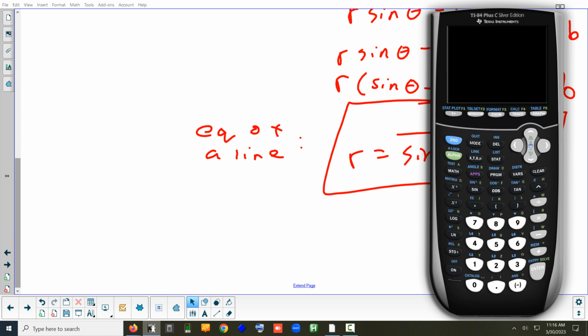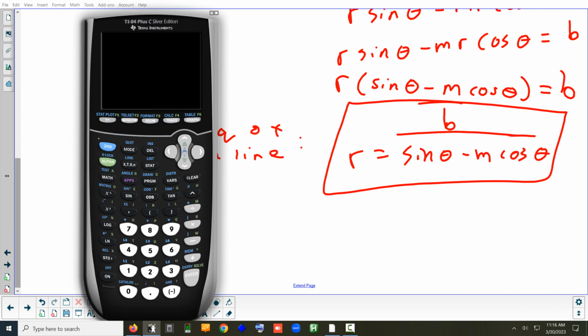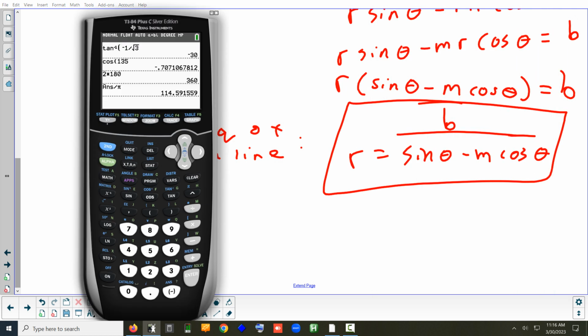Just fill them in for the m and the b. So if you want to draw a line that has a y-intercept of 4 and a slope of 2, let's do 4 over sine theta minus 2 cosine theta. That should look like a line with a y-intercept of 4 and a slope of 2.